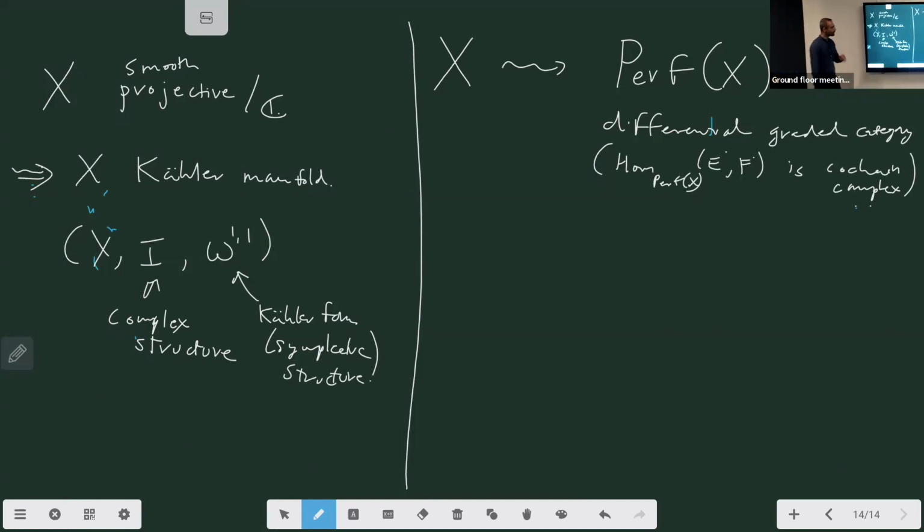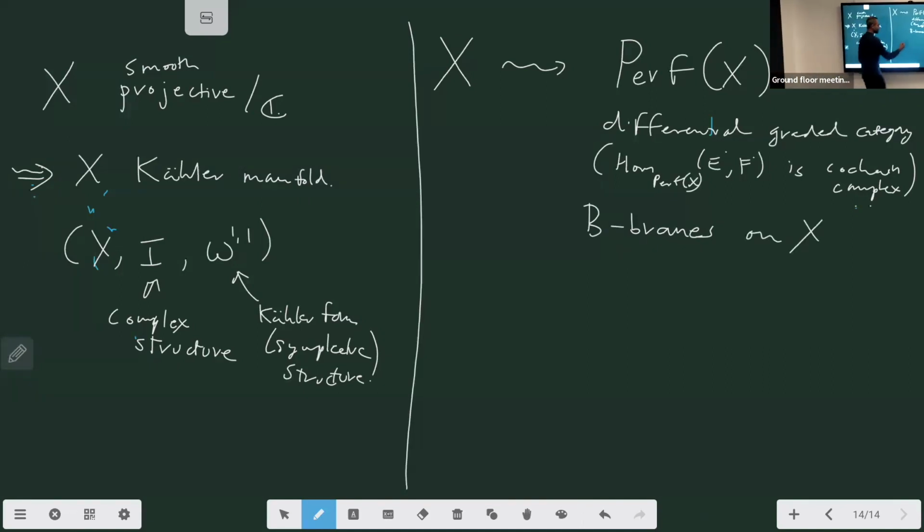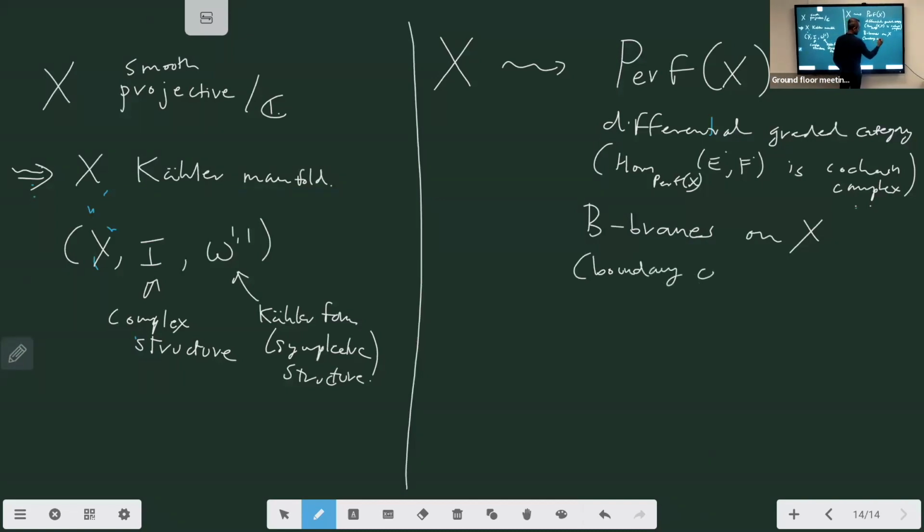So this is a differential graded category, and this is called the category of B branes. Physically, it's the boundary conditions. It's the B branes on X. These are boundary conditions for the B-twisted topological sigma model with target X.